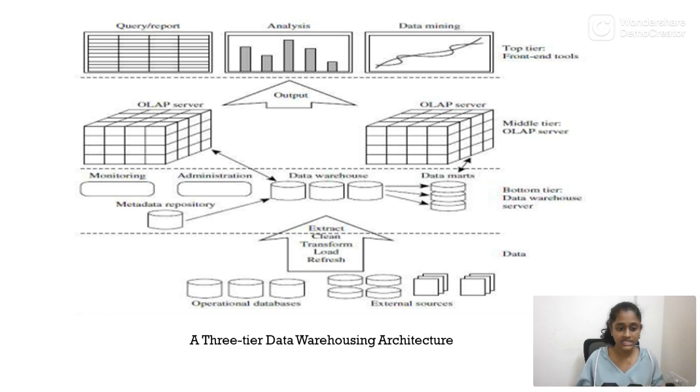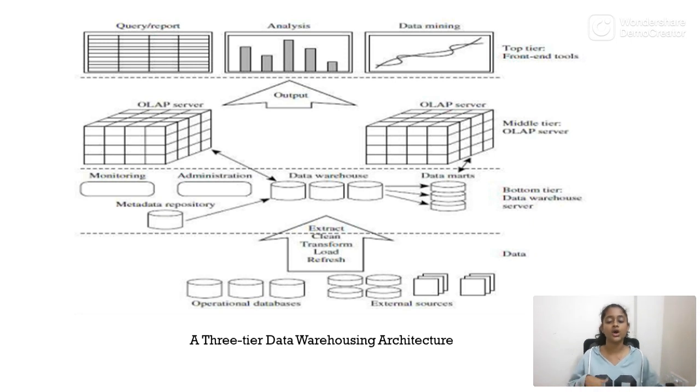And then in the load stage, it is being sorted, summarized, consolidated, etc. All that happens in this phase. And then the last phase is the refresh phase. In the refresh phase, the data is being propagated from the sources to the data warehouse.